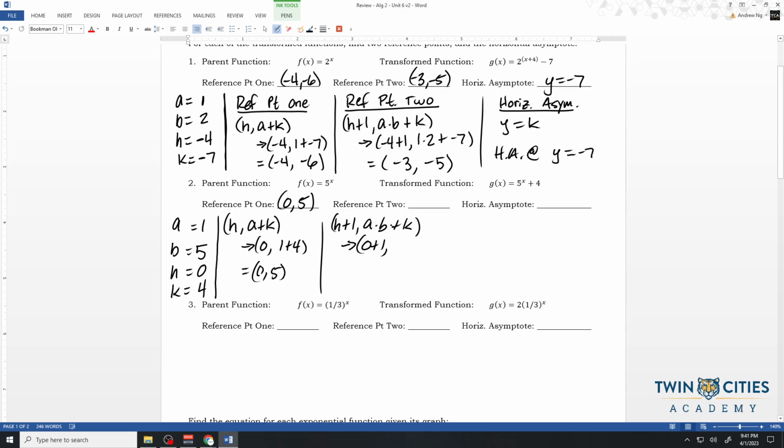And then a times b is 1 times 5 plus 4. So 1, then 1 times 5 is 5, plus 4 is 9. Reference point 2 is 1, 9.